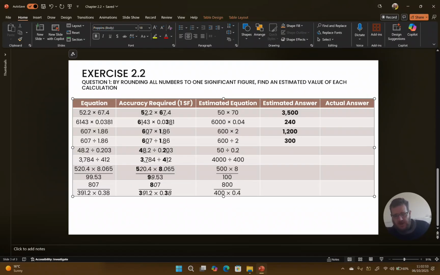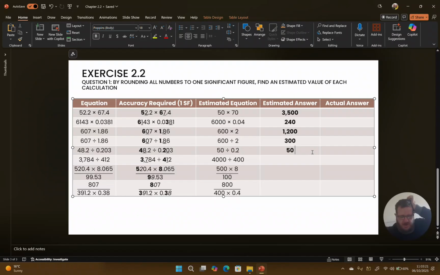Now the next one we want to look at is 50 divided by 0.2. Now with that in mind, what we'll do is we'll do a 50 because we'll invert that on its head. We'll copy that as well.